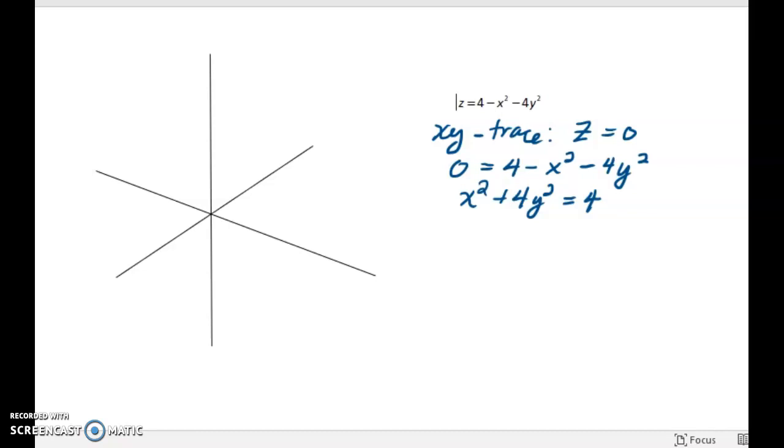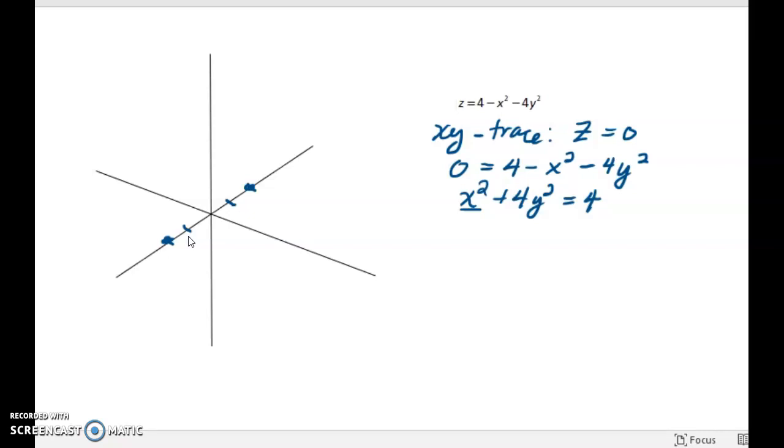Now, the way I'm going to graph this ellipse is very simply by finding its x and y intercepts. To get the x-intercepts, you set y equal to 0, and you get x equals plus or minus 2. So here's x equals 2, here's x equals negative 2. And then to get the y-intercepts, do the same thing, set x equal to 0.